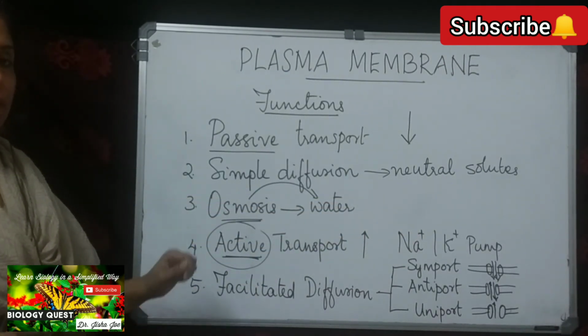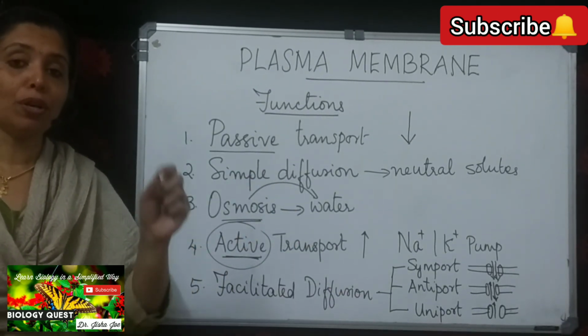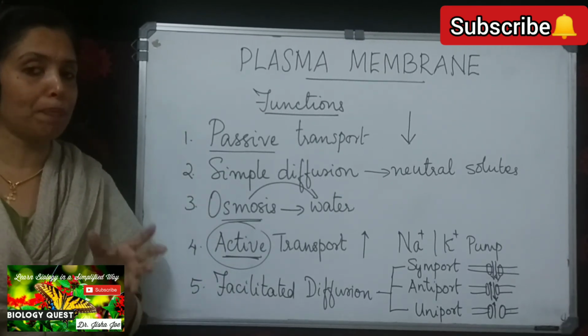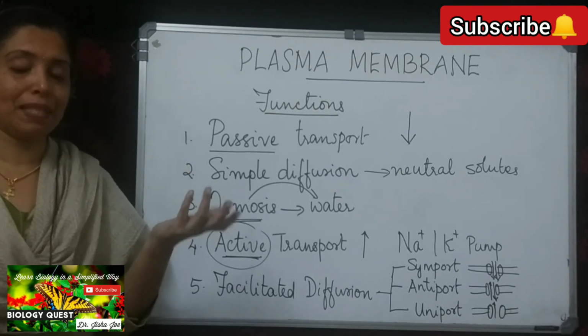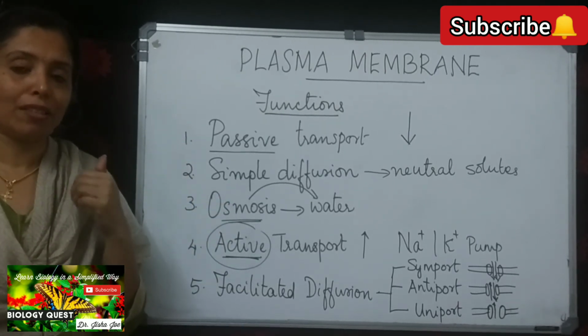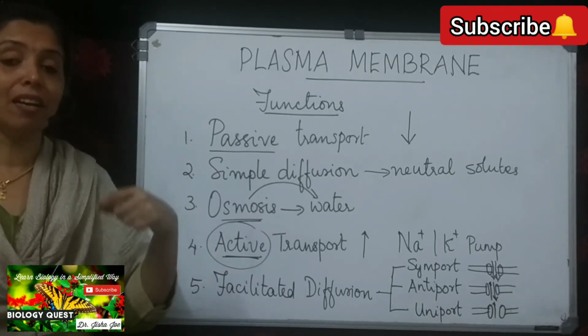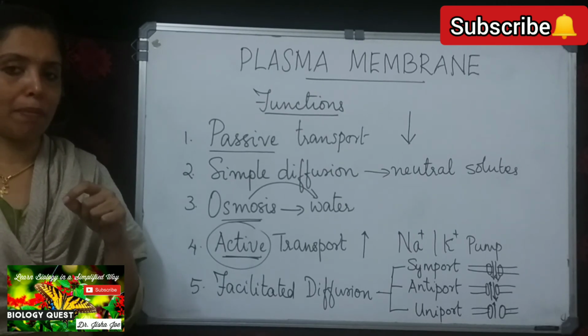The fifth type of transport is facilitated diffusion. As I told you, substances that are soluble in lipids can easily pass through the plasma membrane, whereas substances which are insoluble in lipids cannot pass so easily. Their transport is facilitated by carrier proteins that are present on the plasma membrane.